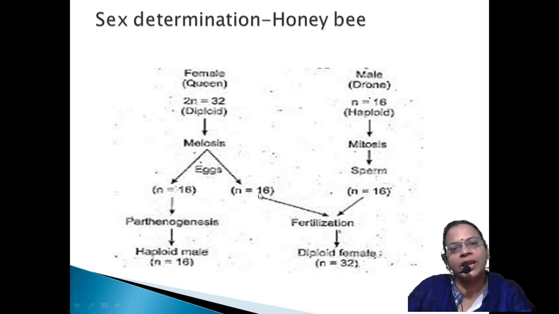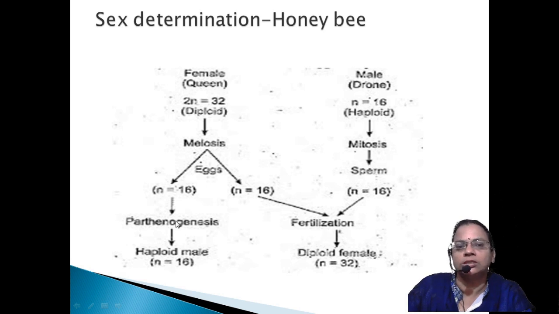Instead of that, if the male gamete, the sperm, fuses with the egg, that is fertilization, that will develop into a female. So fertilized egg develops into female, unfertilized egg develops into male. The process behind male is parthenogenesis. Here the process is fertilization.